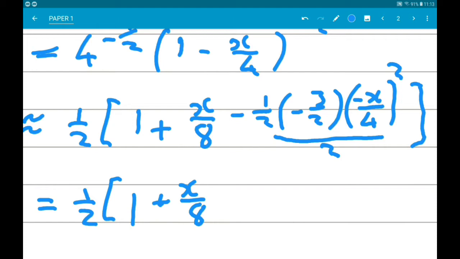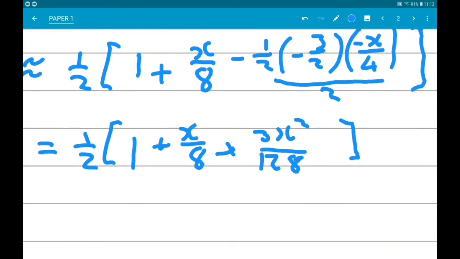So we get 3x squared over 128. So then, finally, we get 1/2 add x over 16 add 3x squared over 256.